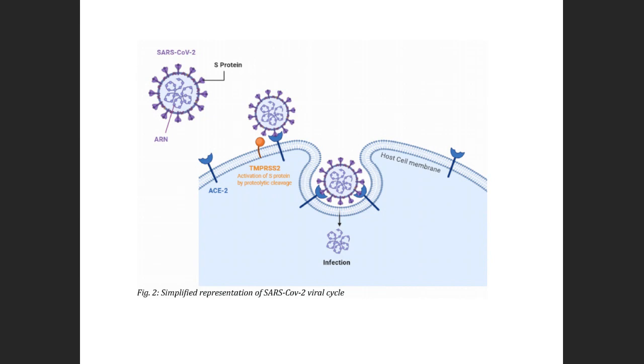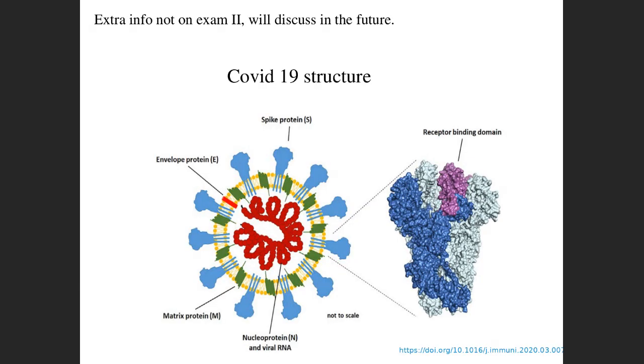An enzyme can activate the S protein and make it more effective in binding the ACE2 receptor. So the main focus is on the S protein on its surface.